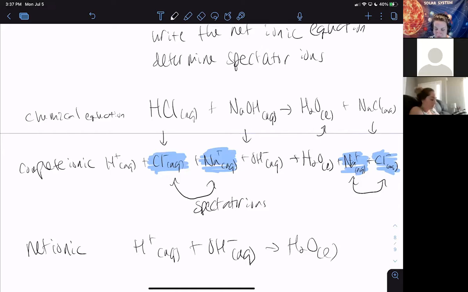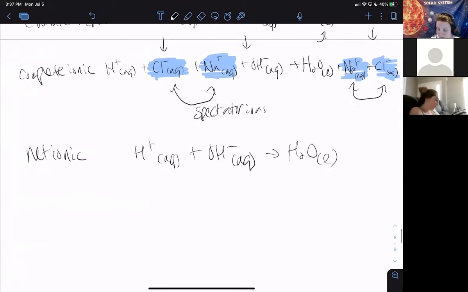Okay. We can also do this for precipitation reactions. So lead nitrate by solubility rules is soluble. All nitrates are soluble. Potassium iodide is soluble. All alkali metal compounds are soluble.